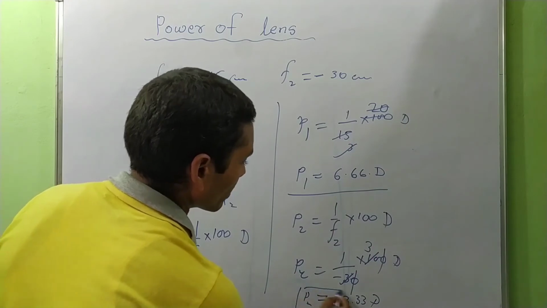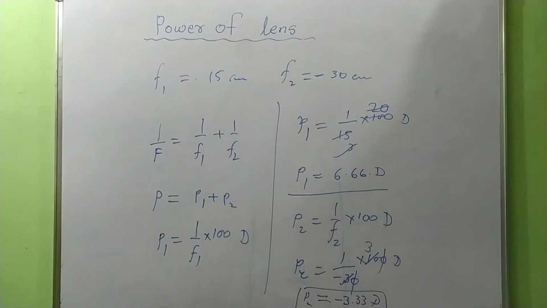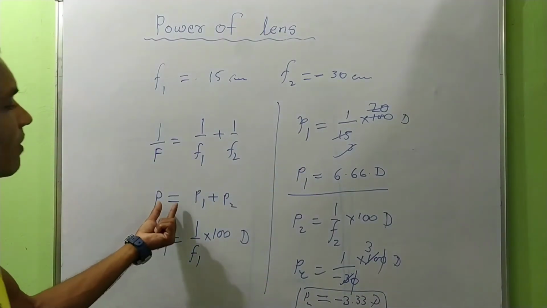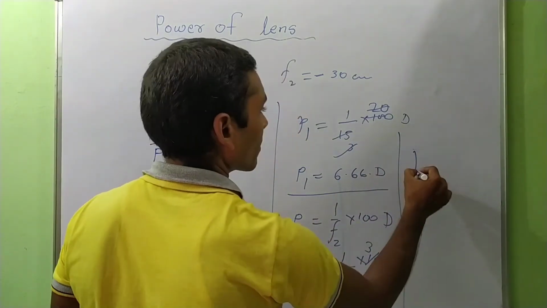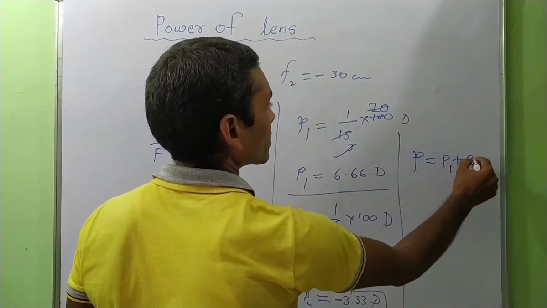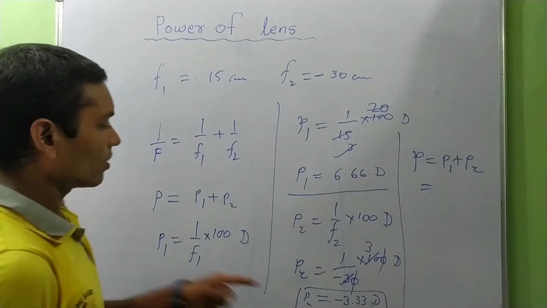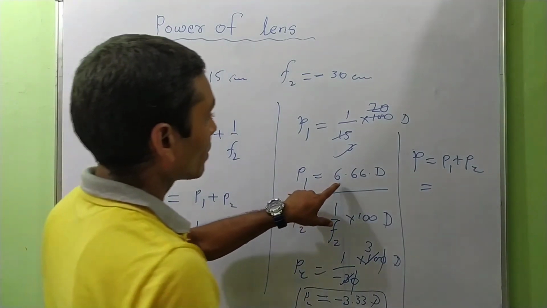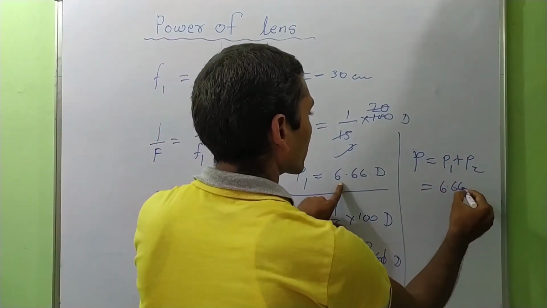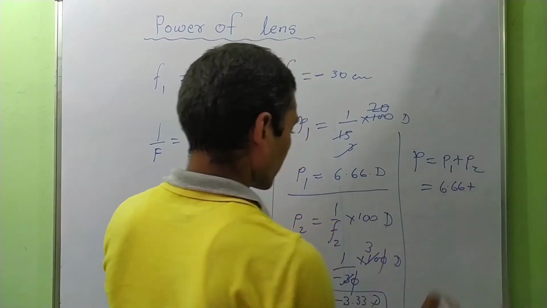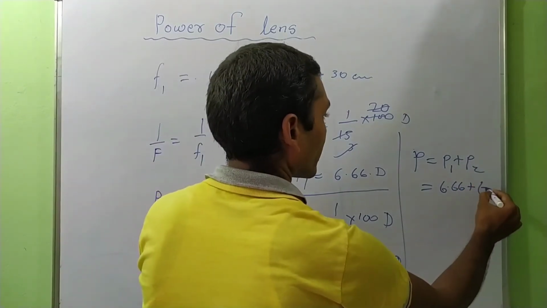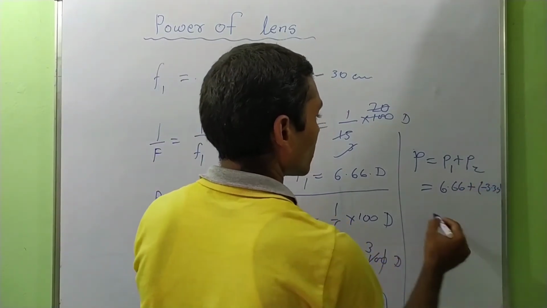This will be the power of the second lens. So what will be the equivalent power? It will be P equals P1 plus P2, or P1 is 6.66 and plus P2 is minus 3.33.